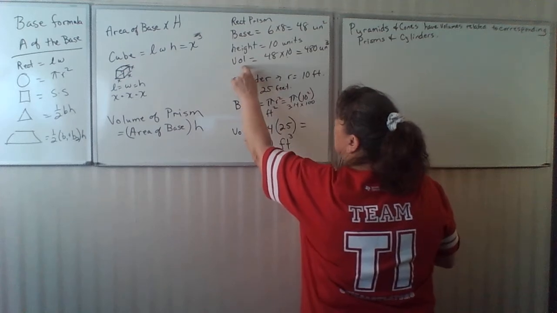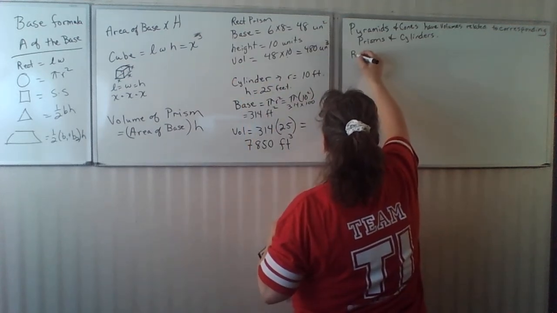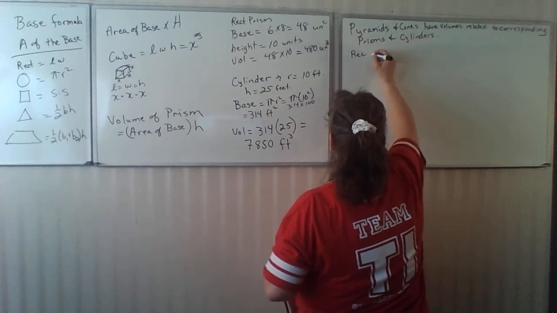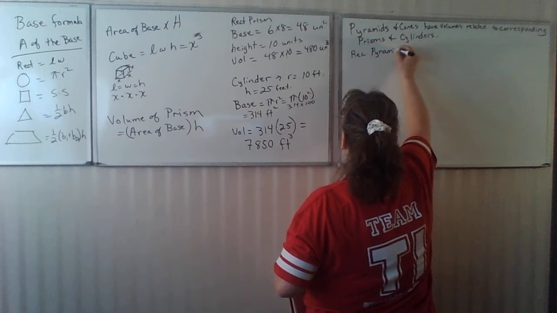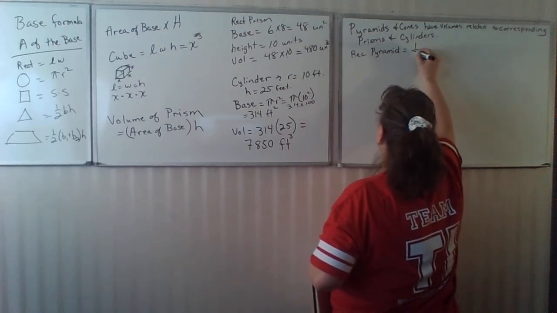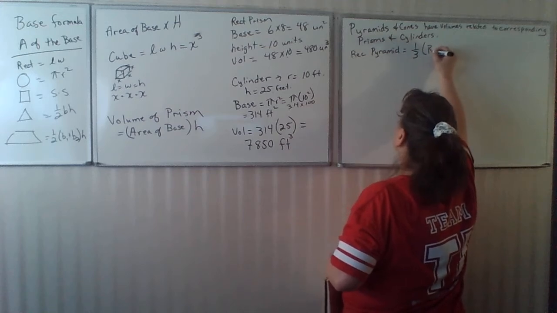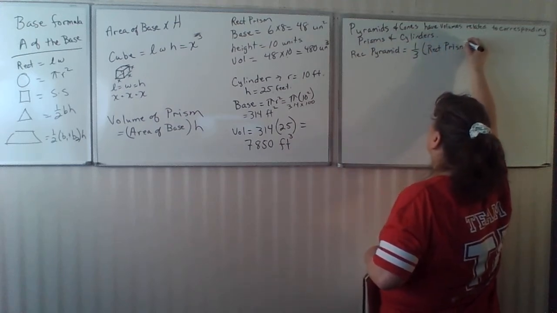If this one was a rectangular pyramid instead of a rectangular prism, what's going to happen? Well, a rectangular pyramid is 1/3 of the rectangular prism's volume.